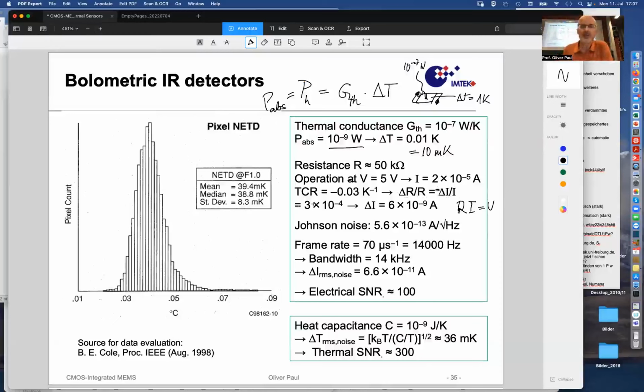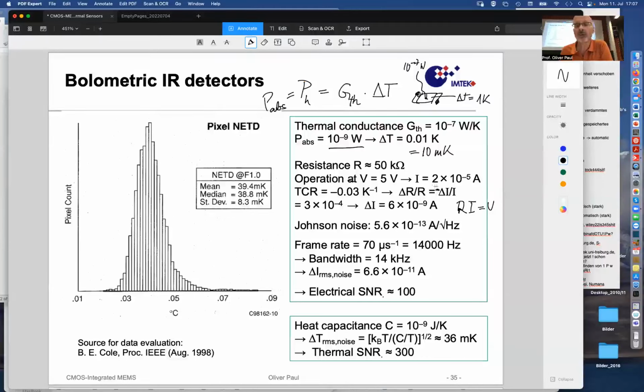And that can easily be calculated now for this temperature change with this temperature coefficient of resistance. It means that the relative resistance change and also the relative current change that flows through the resistor is 3 times 10 to the minus 4. That's a small relative change.